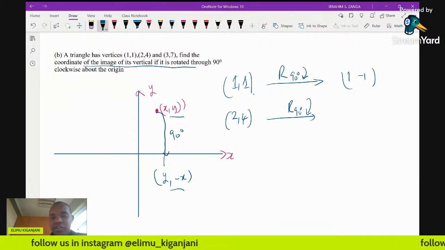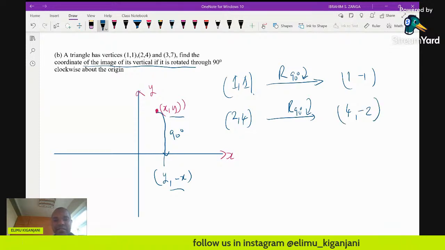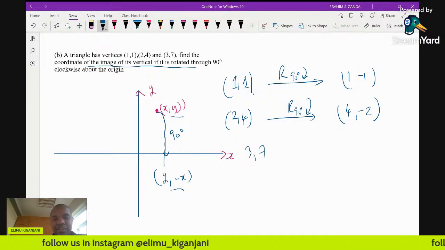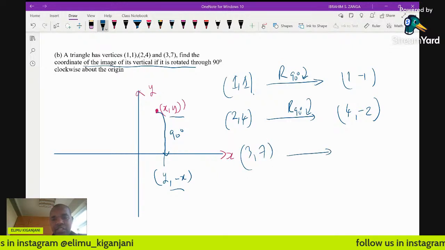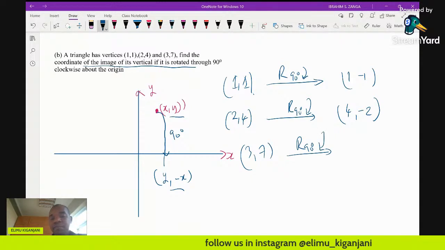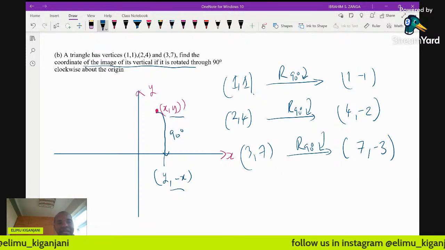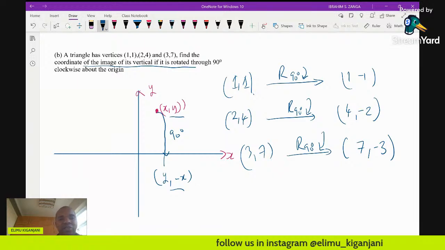You interchange, it will be (4, 2), but the new value of y will be negative. Then you have (3, 7) after rotation 90 degrees clockwise. You get (7, 3), and 3 will be negative. So these are the new points.